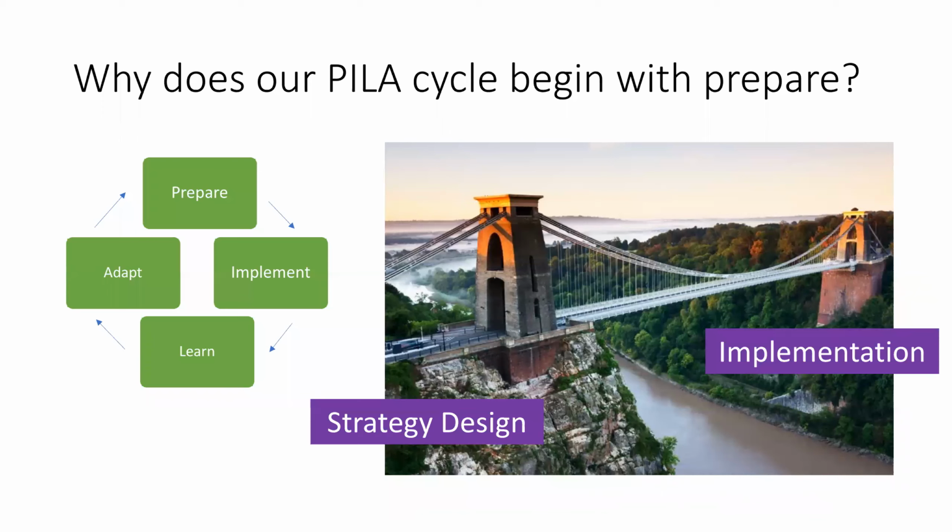Before we dive into the prepare cycle, I want to be clear that the work associated with the prepare phase, or any of the PILA phases, is taking action on your strategies. It's important that we help our partners realize this. The work that is done in each phase of the cycle is critical to our success. It's important that we help stakeholders realize first the critical need to make sure we're prepared to act.